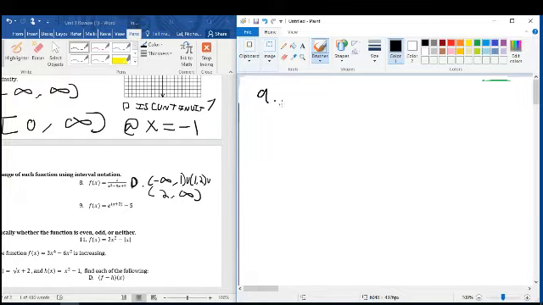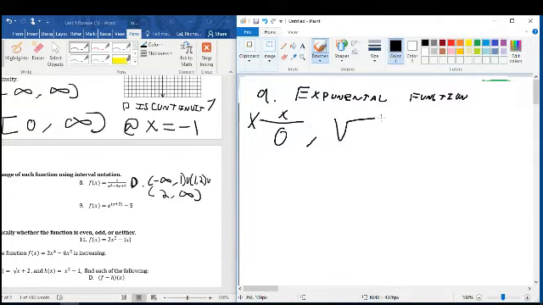For 9, f of x is equal to e to the x plus 2 minus 5. So, how do we go about that? Well, this is an exponential function. You're not dividing by 0. You're not taking the square root of a negative number.